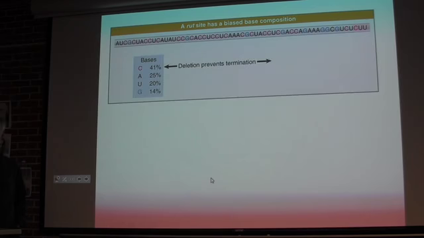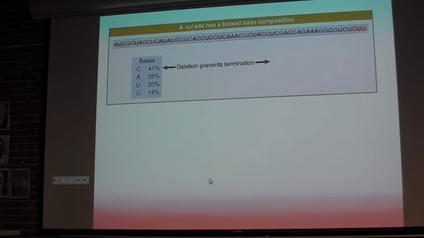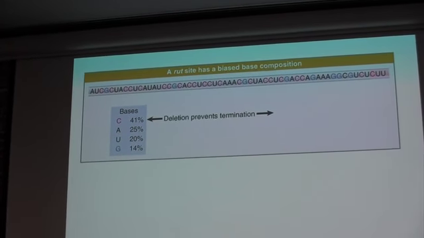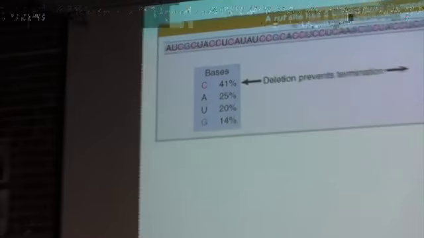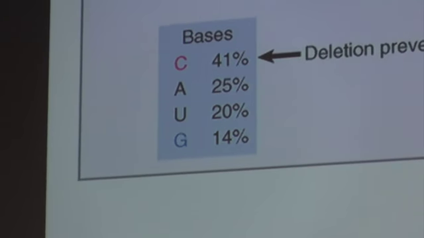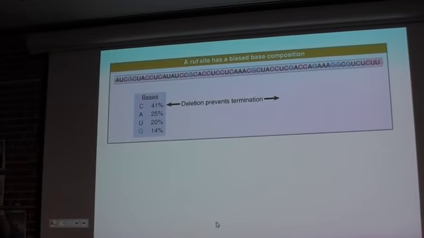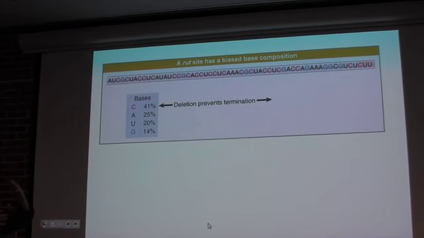Rich in C's, that's enough to attract Rho. Also, look how low it is in G's. Rich in C's, very low in G. So that's one requirement, that you have an area that's just mostly C's.